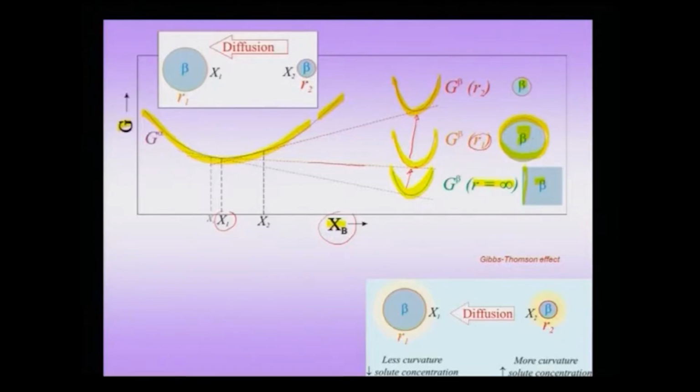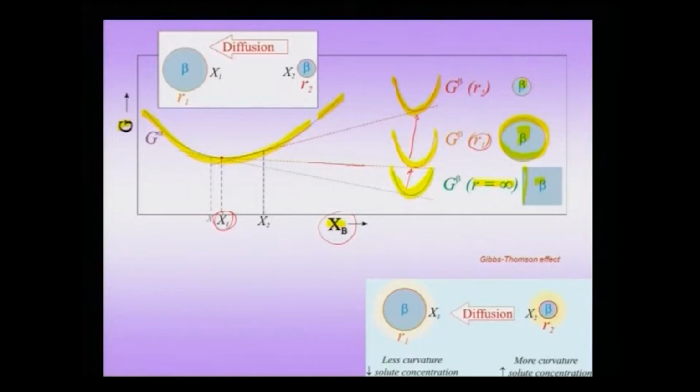That means, if you have an r1 size precipitate, by the common tangent construction the common tangent intersects my alpha curve here, and that implies the concentration of solute around this precipitate is x1.